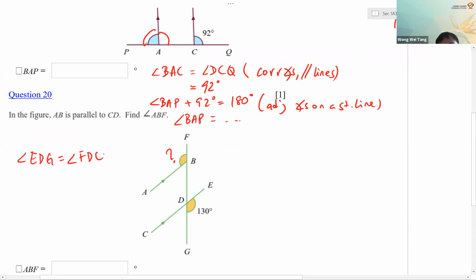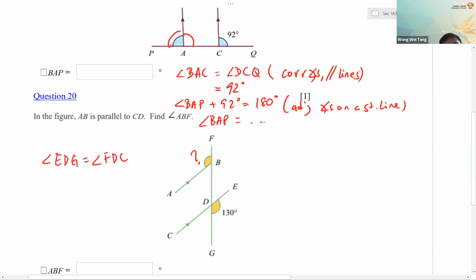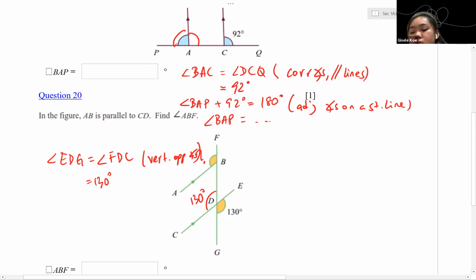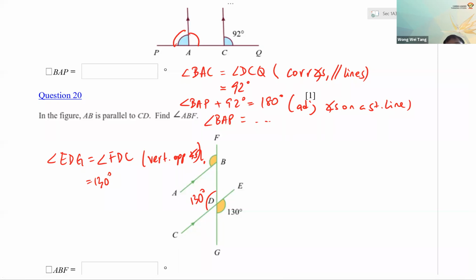Okay. Reason? Vertically opposite. Good. Vertically opposite angles. Okay, so she's saying that this is also 130 degrees. EDG, which is FDC, is 130 degrees. Okay, what do we do next? One more step. Giselle?